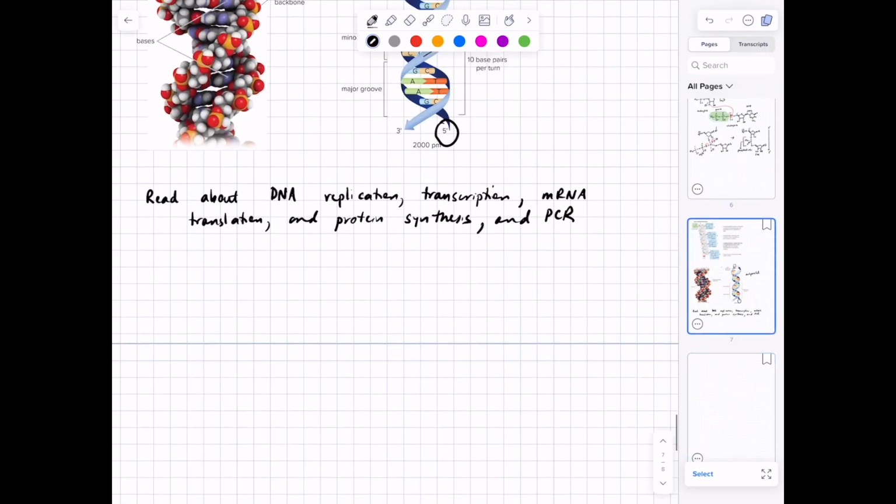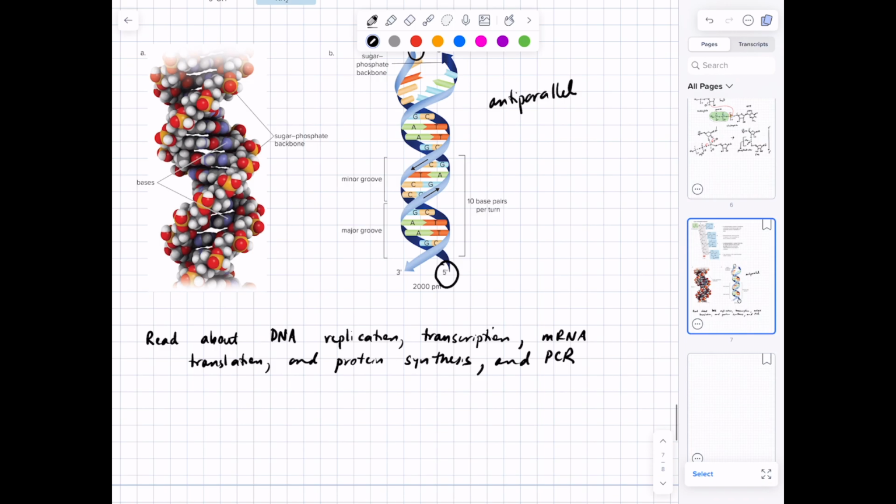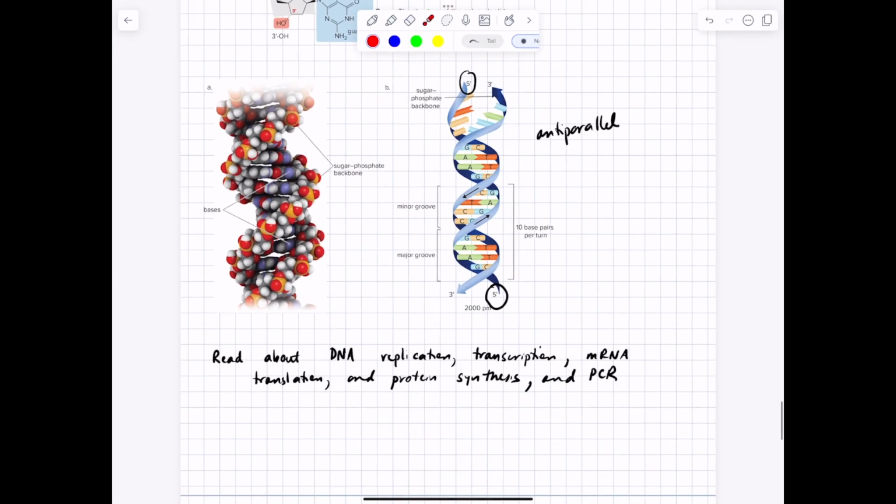All right, so we've talked a little bit about DNA structure. I want you to read briefly about DNA replication, transcription, mRNA translation and protein synthesis, and then PCR.